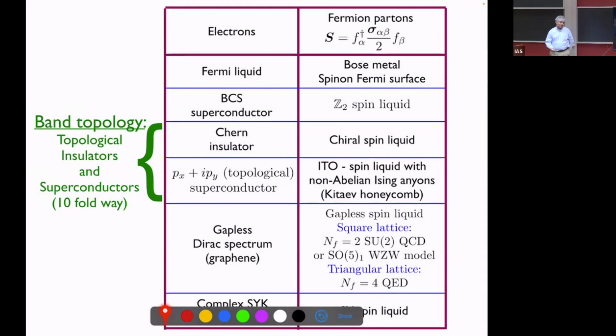We imagine that's a relatively simple thing you can do, just pair the electrons. But then there's a further confusion, depending on whether you consider the charge of the electron to be a global symmetry or a gauge symmetry.